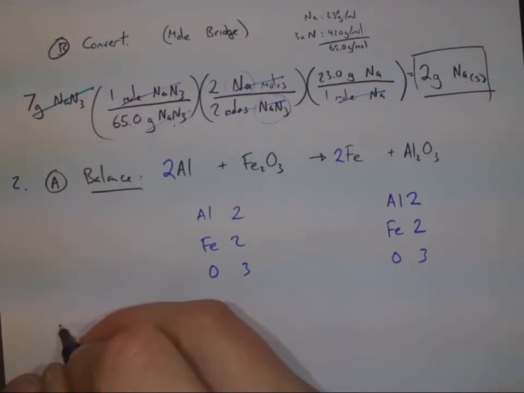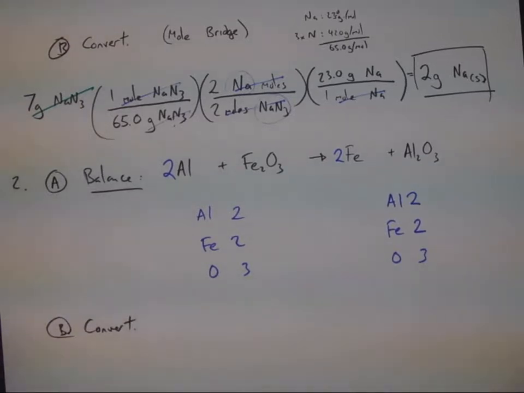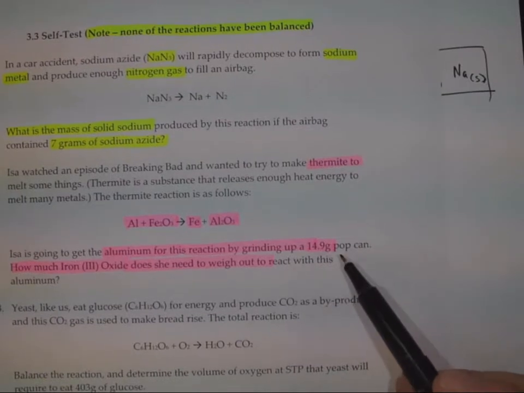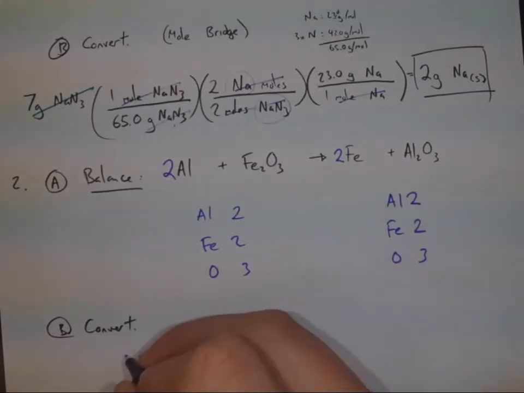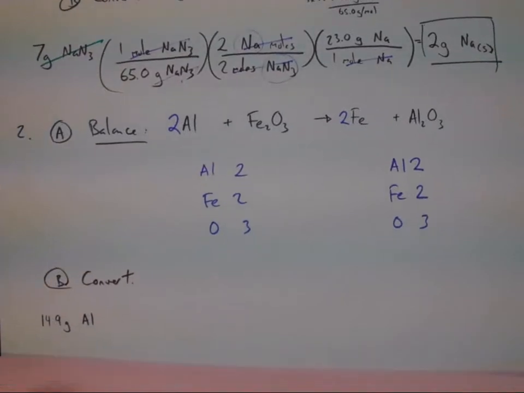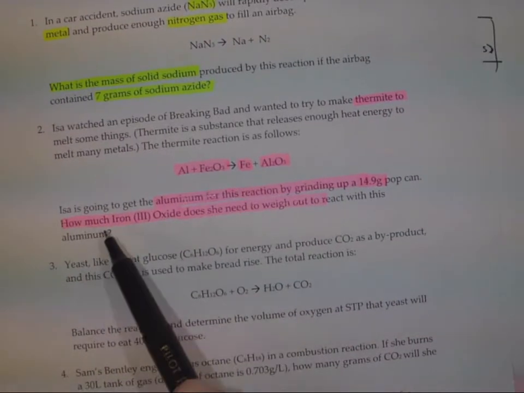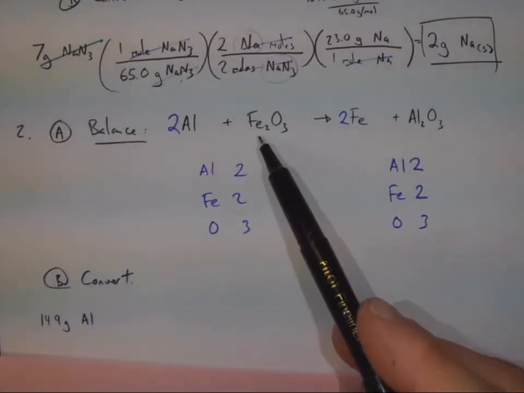Moving on. Now we're going to convert. So what do we know in this question? Well, we knew we had 14.9 grams of aluminum, so we're going to start with 14.9 grams of aluminum. And we want to find out some information about how much iron 3 oxide, and that's this guy here.